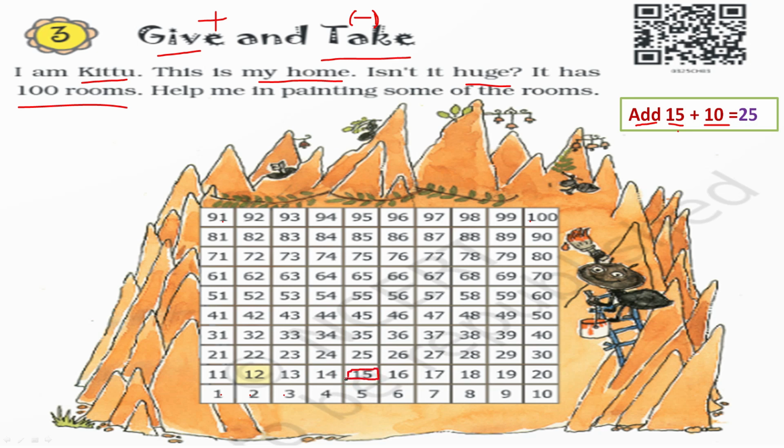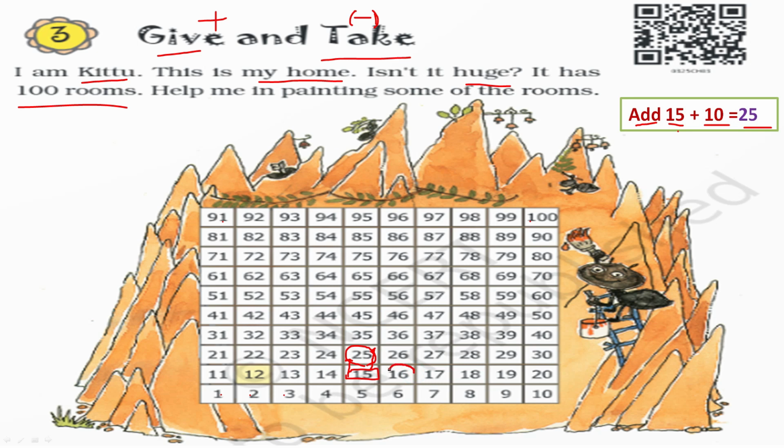We are going to add 10. For adding 10, just move 1 step up. So what will be the answer? 25. So 15 plus 10 is equal to 25. Here we are not using any addition, just moving 1 step upward to get the answer.